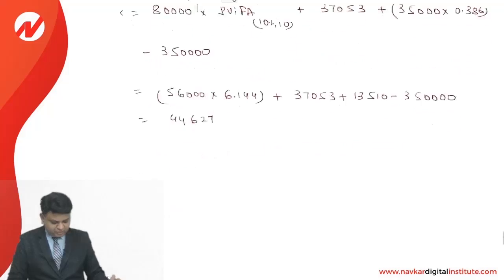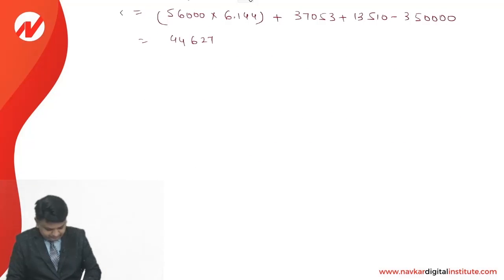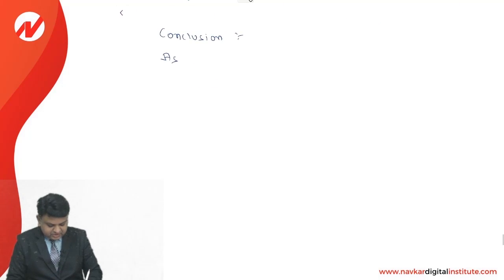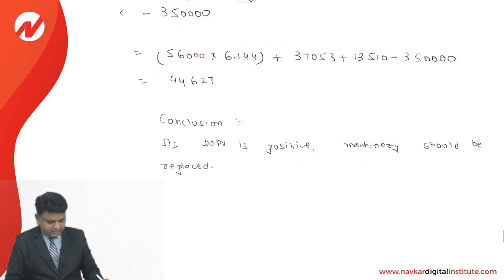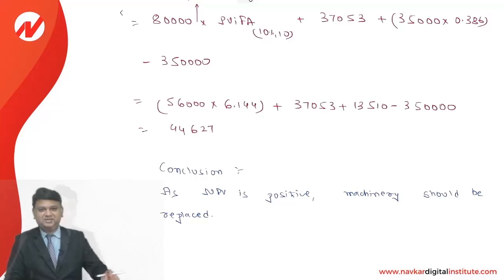So we can write the conclusion like this: as NPV is positive, machinery should be replaced. This is the way we can draw the conclusion.